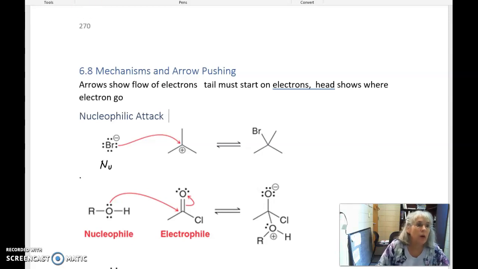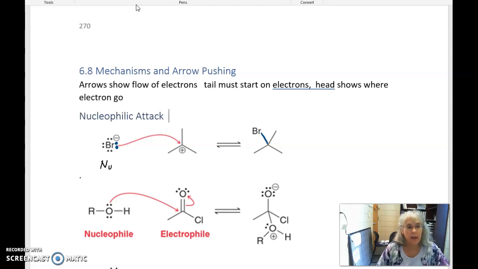We have our arrow, and it starts on a source of electrons. We'll make these electrons blue. These electrons are going to attack this center right here, and they will make this bond right here. These electrons are forming this bond.